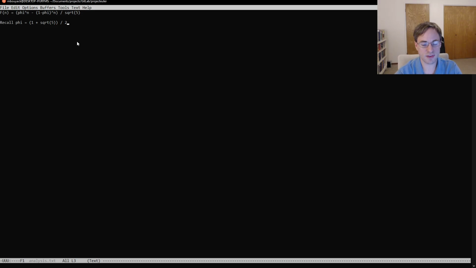That's pretty simple. Both of these are going to end up being 1, and then 1 minus 1 is 0, and so f of 0 is going to be equal to 0.